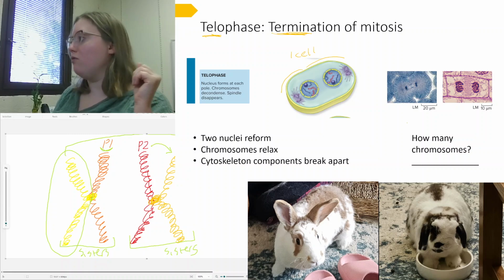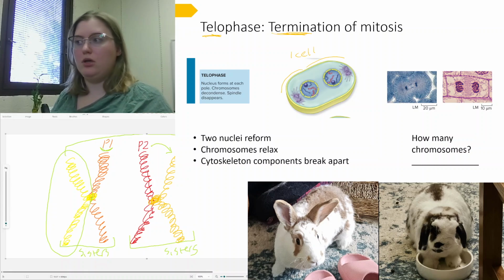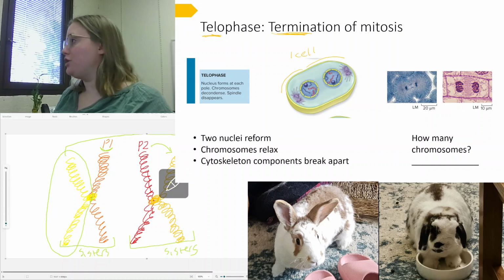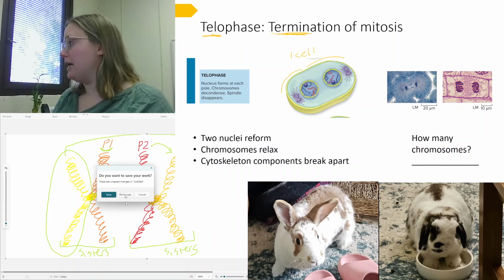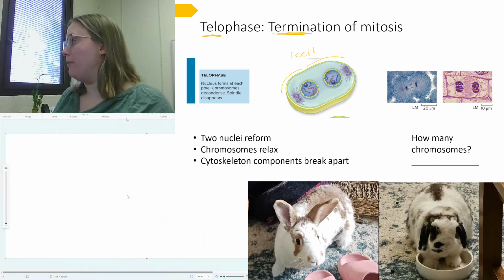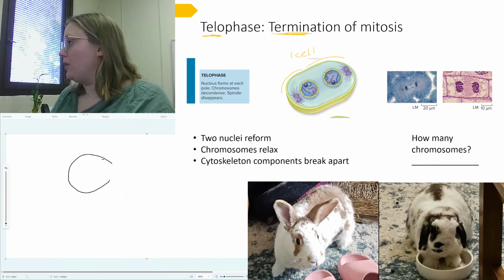Okay, and then we have one more stage. One more stage, and I'm going to go ahead and clear this and show you that. And this stage is not in mitosis technically, but it is important to remember. So we go from telophase, where our cell is elongated, we go to cytokinesis, where we are going to have two cells form.